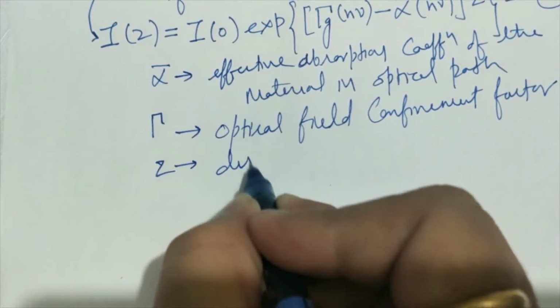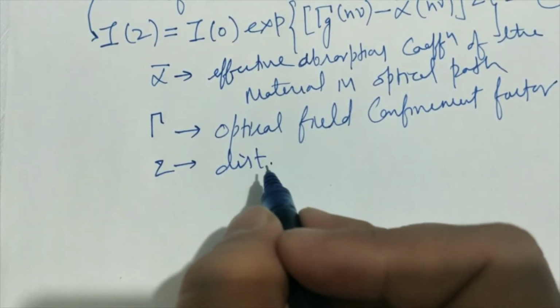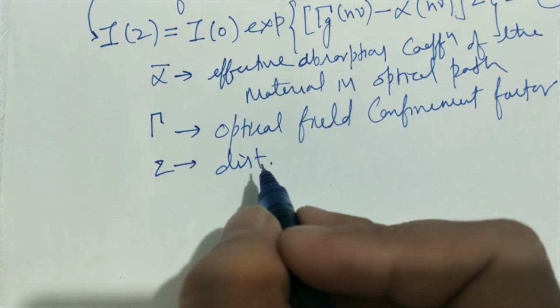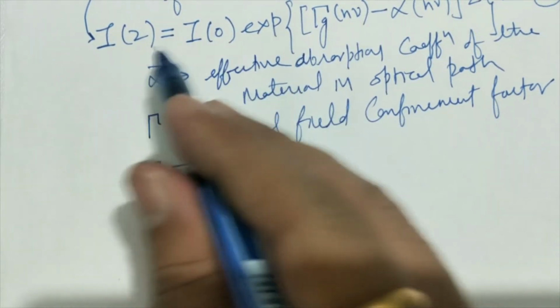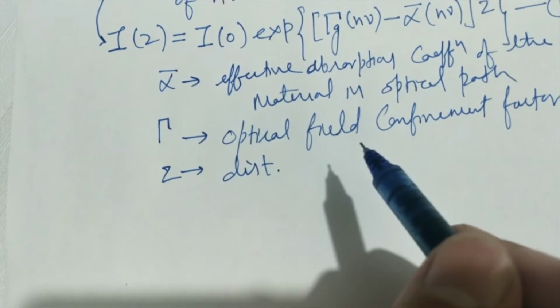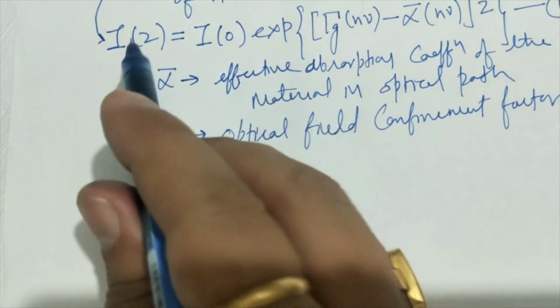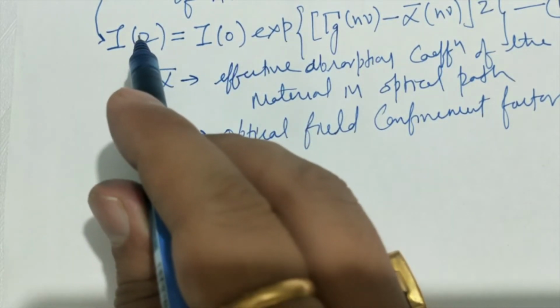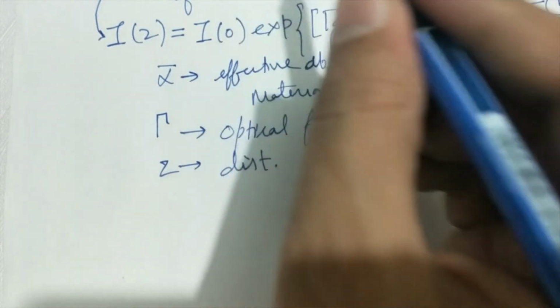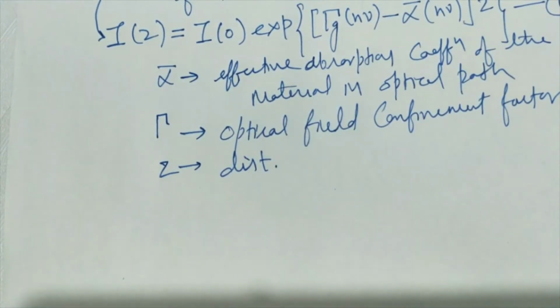Z is distance. I are intensities: I naught is the intensity at the start, and Iz is the intensity at distance z.